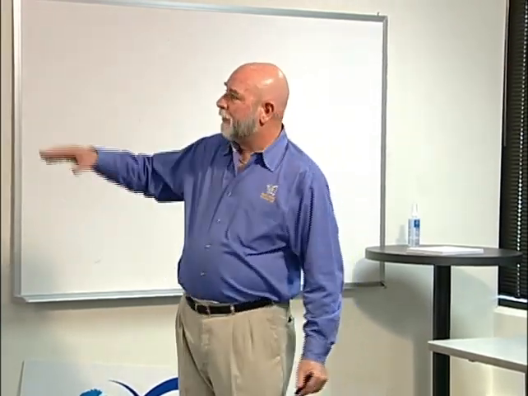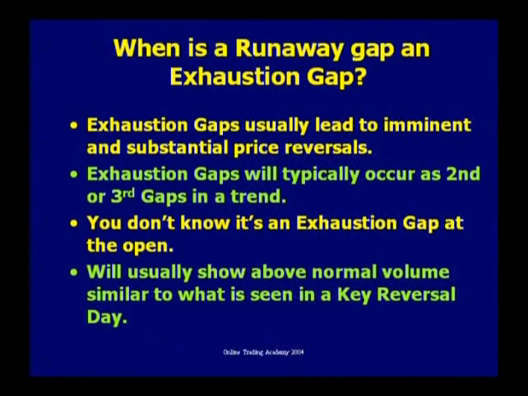Now, I can prove it. I have to get my records out. But people, I know this in my heart of hearts, okay, from just taking profits, and if I hold them too long, they erode. So about the 3rd time I'm up, I'm pretty much sure it's going to take a big rest. So I'm not surprised to see this, that the exhaustion gap will typically occur as the 2nd, probably certainly the 3rd gap.